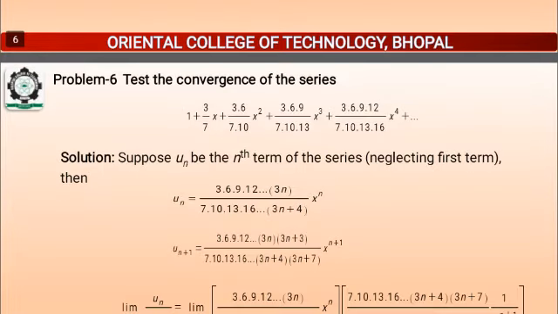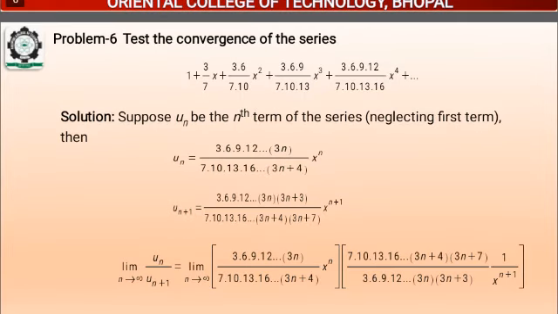Suppose un is the nth term of the series, neglecting the first term because it does not contain x, that is un equals 3 6 9 12 up to 3n upon 7 10 13 16 up to 3n plus 4 into x to the power n. This is un, and un plus 1 will be 3 6 9 up to 3n into 3n plus 3 into x to the power n plus 1 upon 7 10 13 16 up to 3n plus 4 into 3n plus 7.